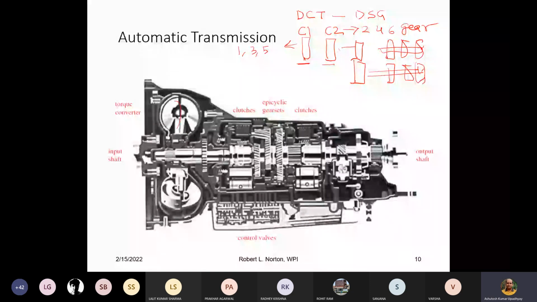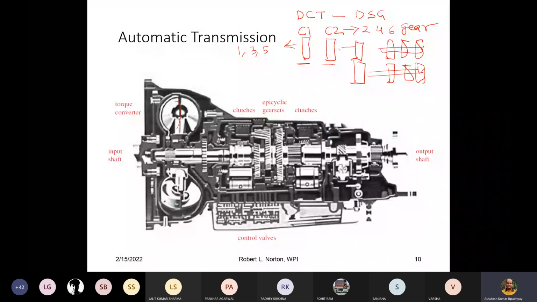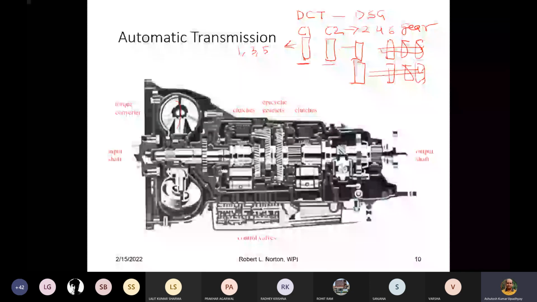Since this is automatic transmission, it will sense that you are putting in more throttle, you are increasing the speed. Of course, you are going to put more effort on the accelerator if you are interested in increasing the speed.